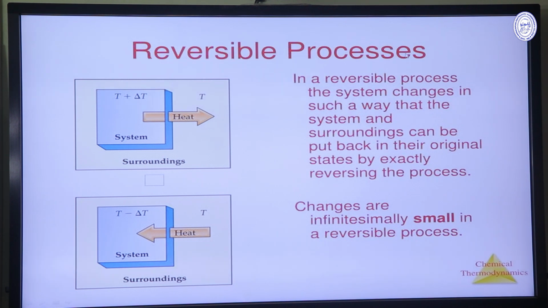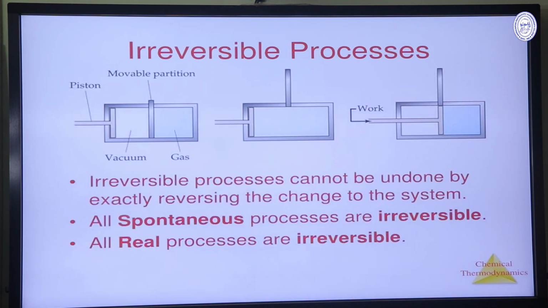In a reversible process, the changes are infinitesimally small, and it takes a lot of time. So, a reversible process takes place in infinitesimally small steps and is a slow process, whereas an irreversible process does not need to undergo very small steps, and it occurs at a very fast rate.